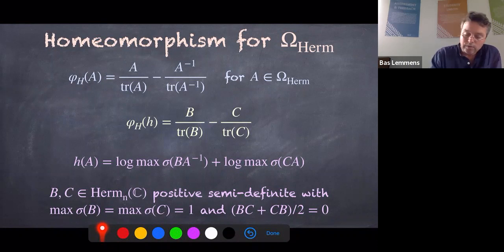And if I now look at the image of a Horo function H, where H has the usual data B and C, then it should be B over trace B minus C over trace C. This map you can show is in fact a continuous bijection from the Horo function compactification onto the dual unit ball. And it maps parts to parts, or rather it maps parts to the relative interiors of the faces.